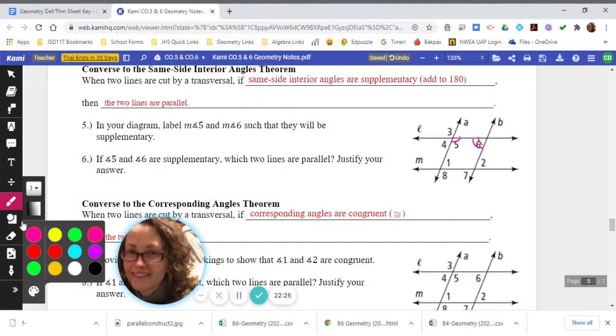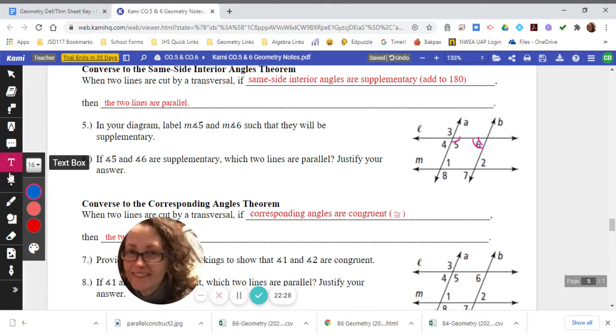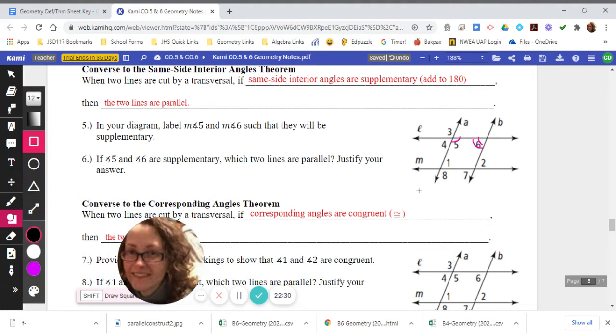If those two are supplementary, which two are parallel? I can cover up what I don't need down here and just focus on what I have up here. The two lines that would be parallel are A and B.